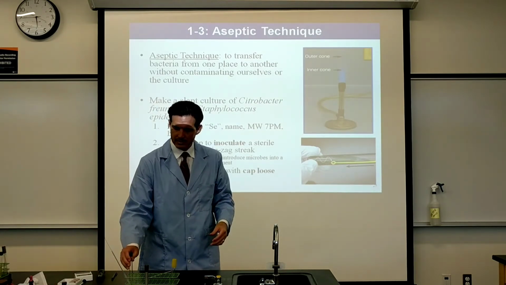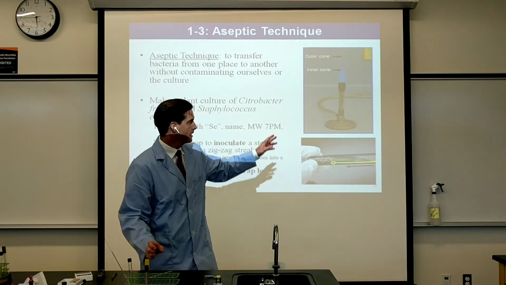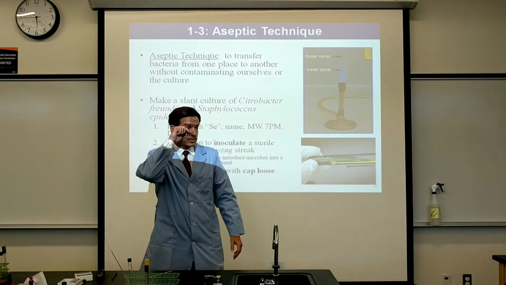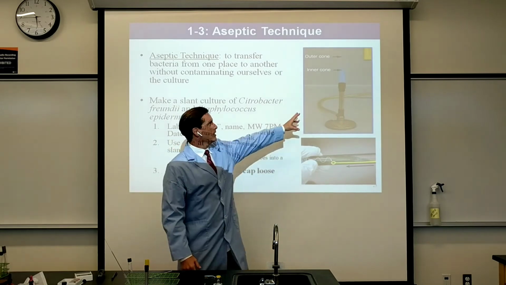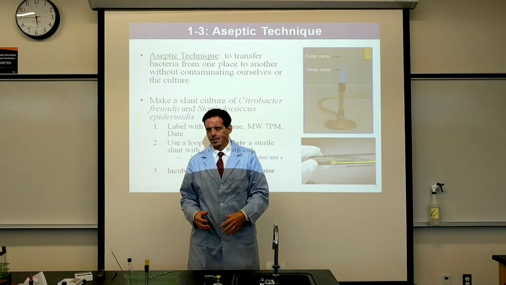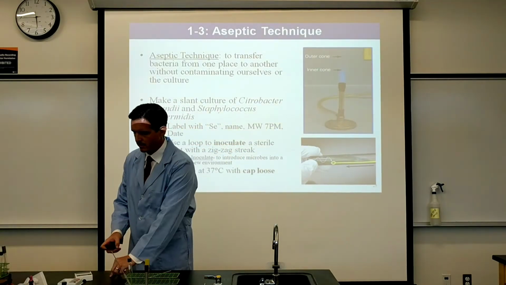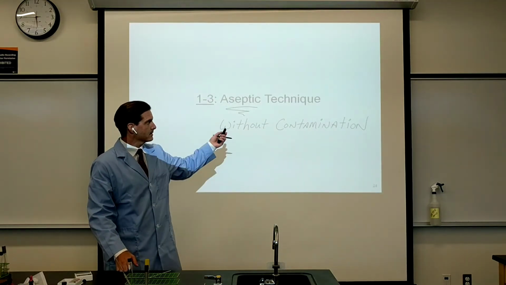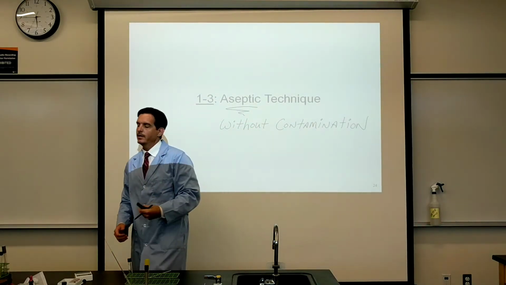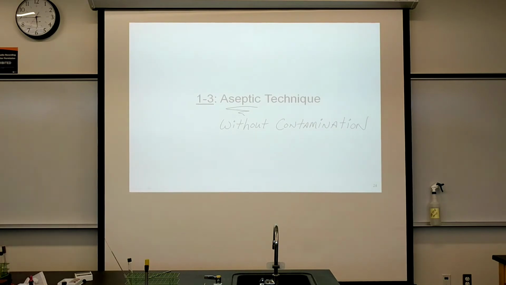Now I want you to keep in mind something before we get started with this dry run, which is that we need to know a little bit about the anatomy of the Bunsen burner and how it functions best. So I will use the previous slide for just a little empty space to outline the parts of the Bunsen burner and why it's important to know that we have it adjusted properly for our exercises.